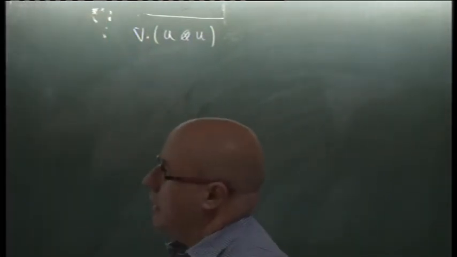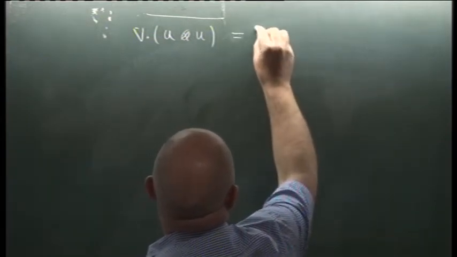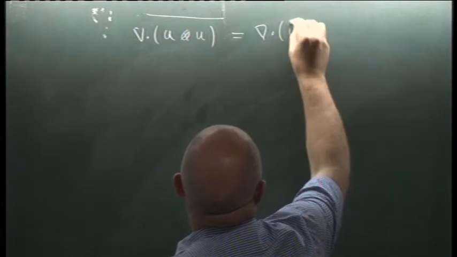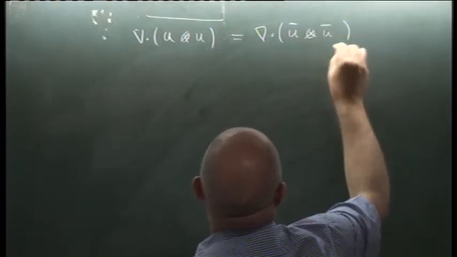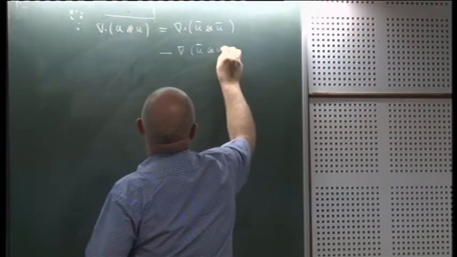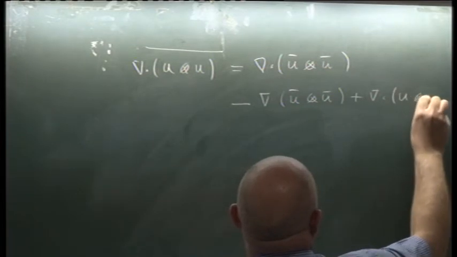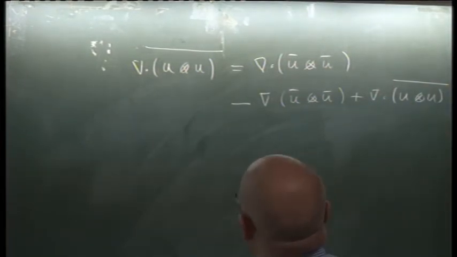What I really have, it's something nonsense. What I really have is the divergence of the filter of u cross u, minus the divergence of u bar cross u bar, plus the divergence of u bar cross u bar. Okay, so it's a stupidity.